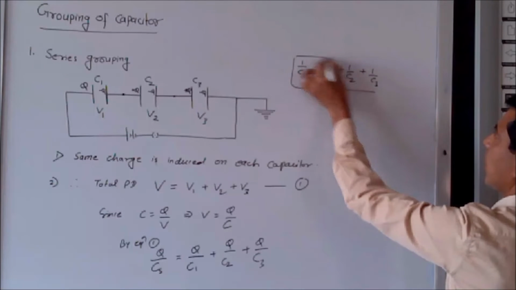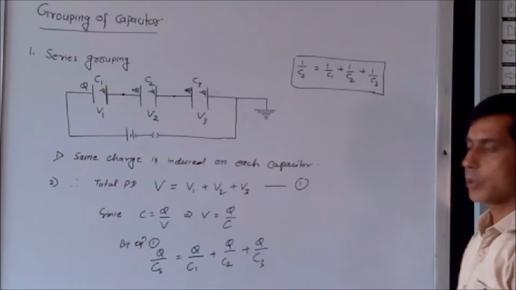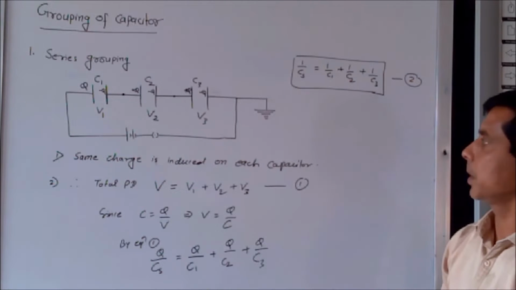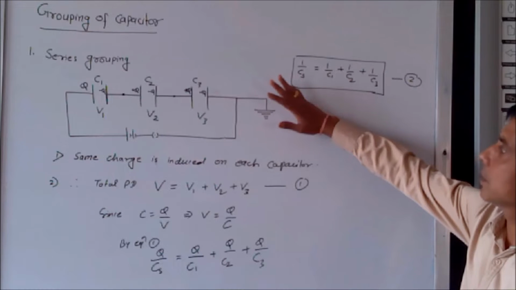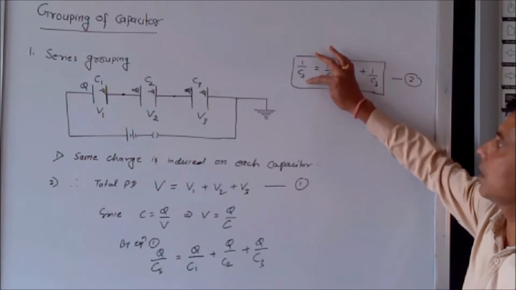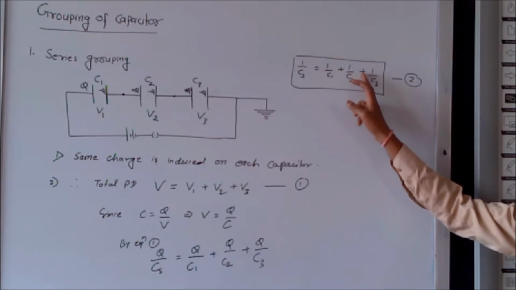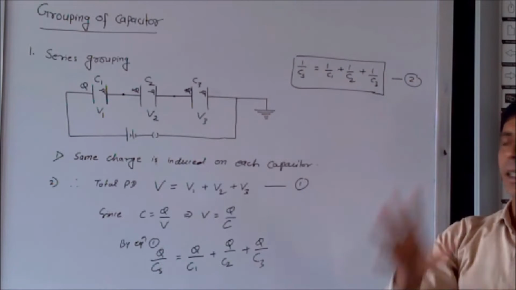This is the formula for resultant capacity, equation number 2. That means the reciprocal of resultant capacity is equal to the sum of reciprocals of individual capacities.